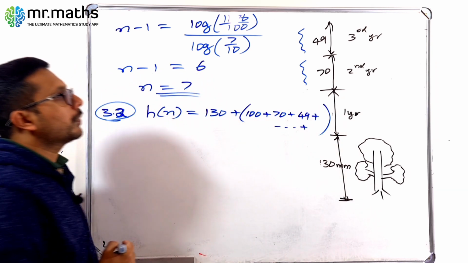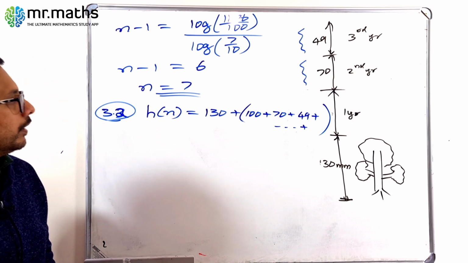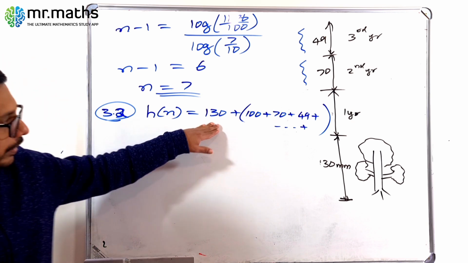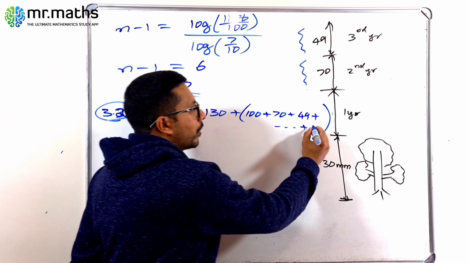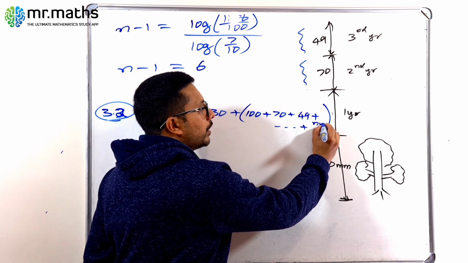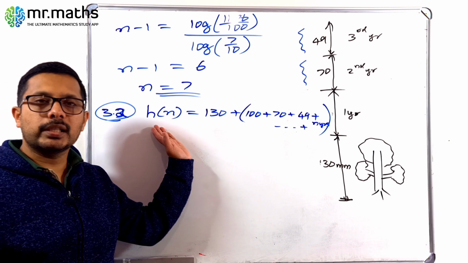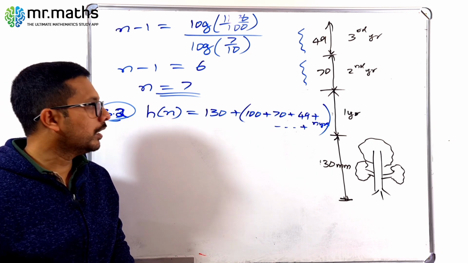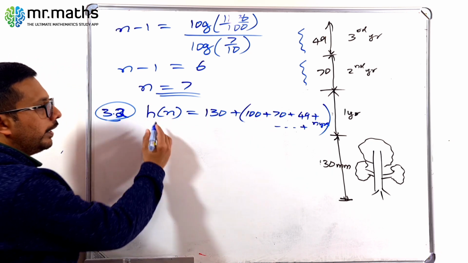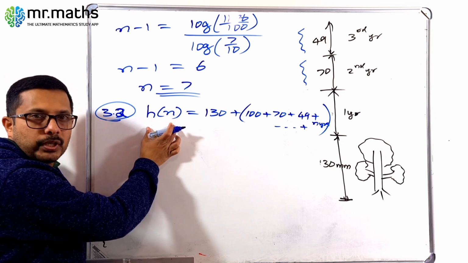So plus etc. Now if it is like that, after n years, what is the height? And you have to write an expression for that one. So in effect, look at this one, h of n. We have to write an equation for h of n.